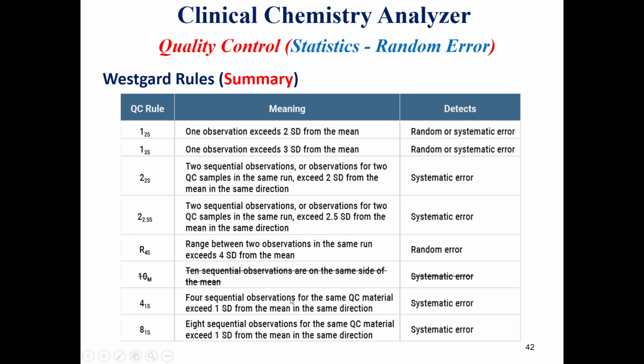So these rules help us to determine what type of error we have, random or systematic. This is the reason behind using the Levey-Jennings charts with the Westgard rules, in order to decide what type of problems we have and how to find a solution.